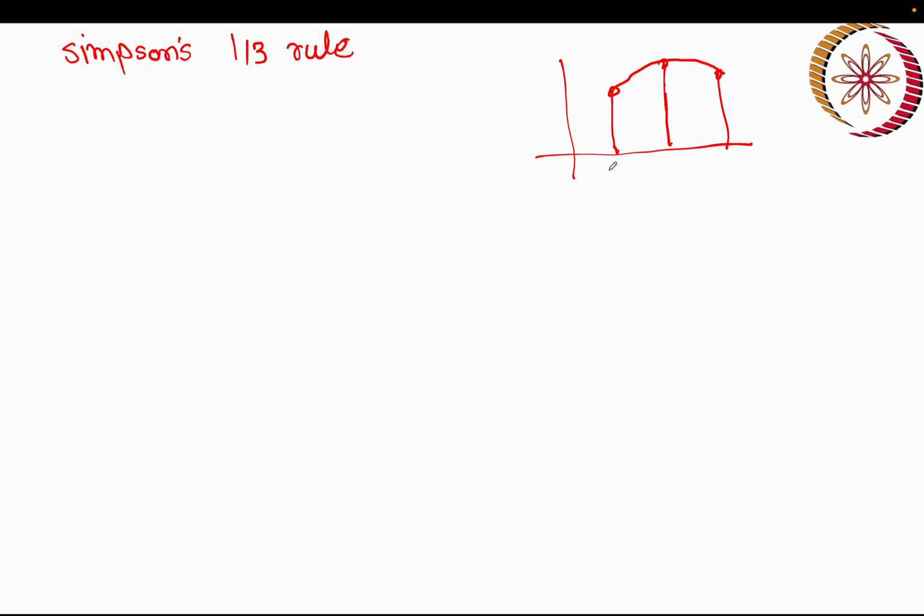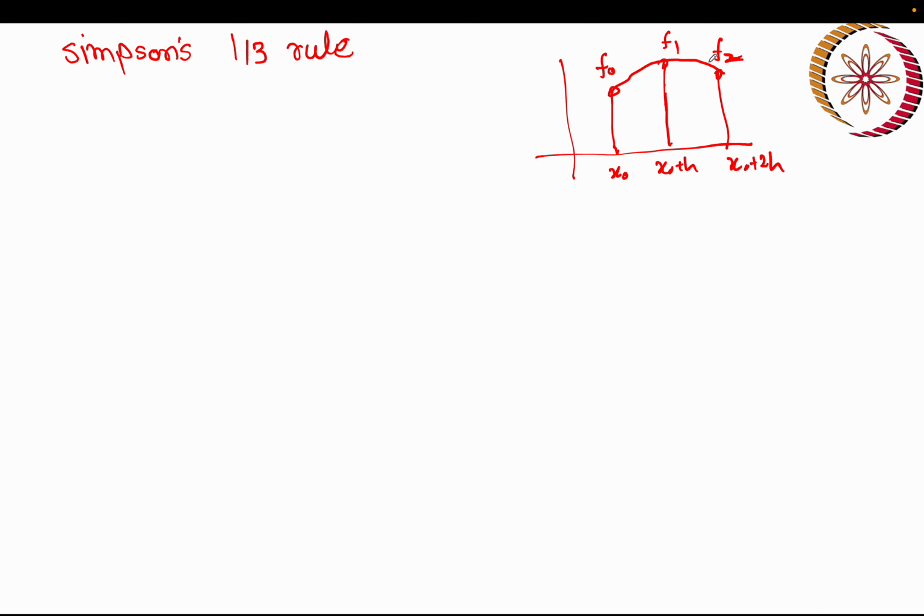Let's say this is x0, this is x0 plus h, and this is x0 plus 2h. These are the 3 points, and the function values are f0, f1 and f2.